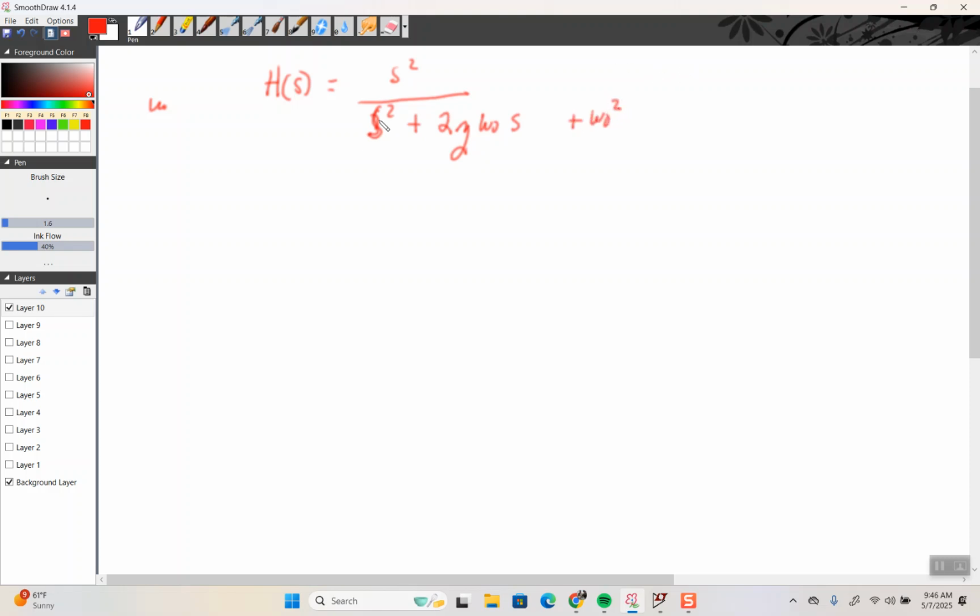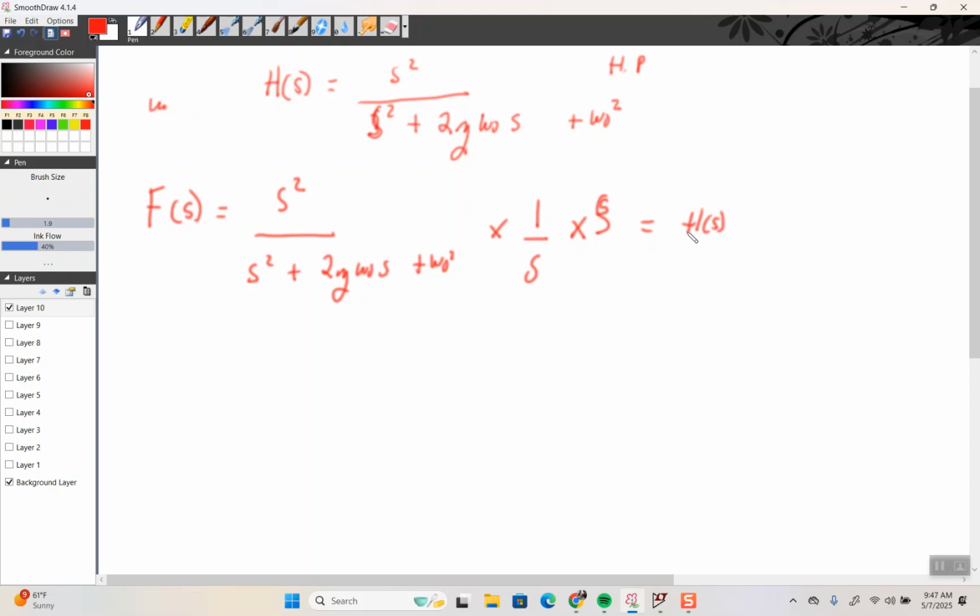Second order, high pass. F of s times the step times the s just equals the original H of s.